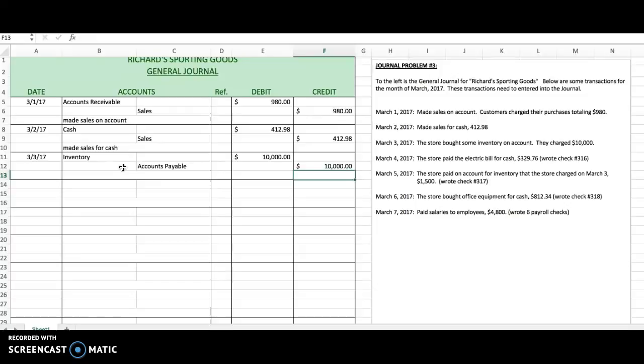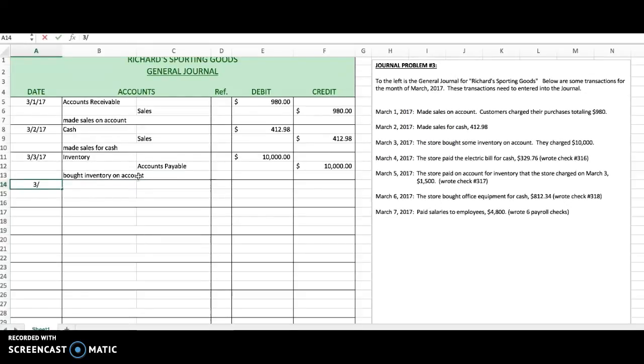So we owe now $10,000, but we gained inventory, so it went up. That's our transaction. Inventory debited, accounts payable credited. Okay? Basically, the description is the transaction we see on the right. So we bought inventory on account. That means we charged it. Next one.